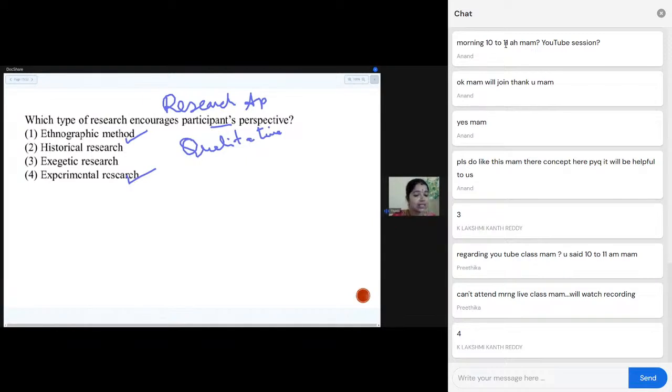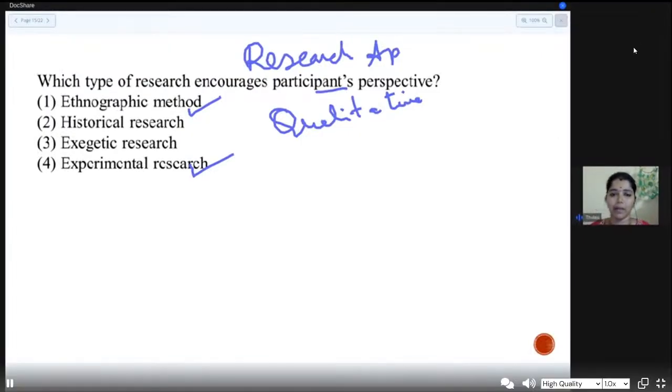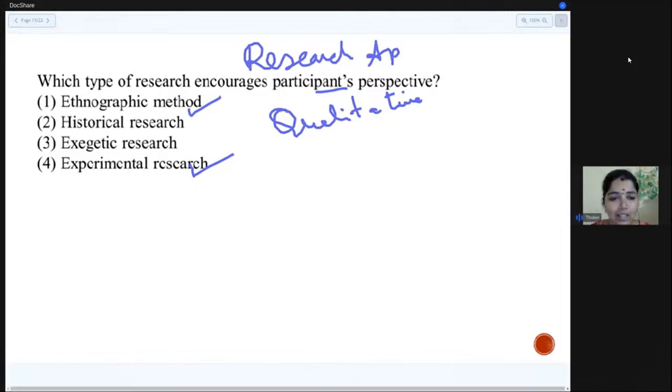There I'll consider each person's perspective and viewpoints, take that into my research and note it down. That research we call ethnography research. Whenever I study the culture of people, I'm not taking one person; I'll talk to all the different people, taking each one's perspective into consideration, and that we call the ethnography method.